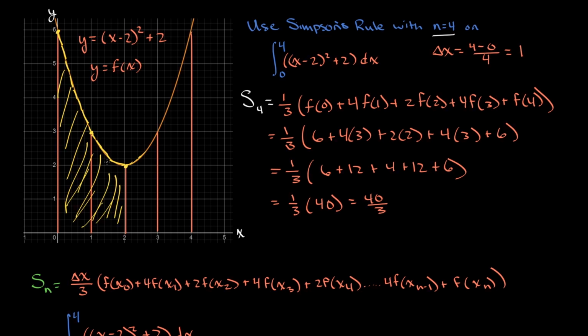Then it makes another parabola for these remaining 2 subintervals, and again, these 3 points are on the original parabola that we had. So the parabola it makes is what we started out with, and it's finding the area under this. So you can see why Simpson's rule gave us the exact answer.